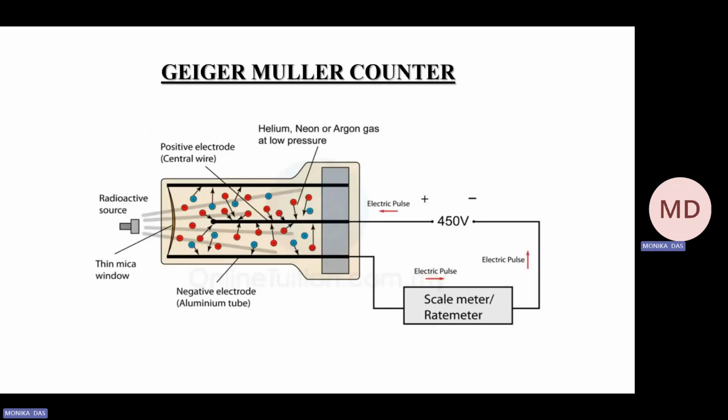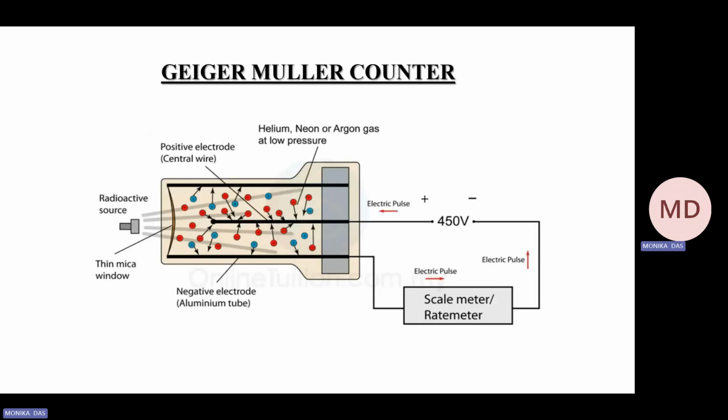displays the result. So this is the whole setup of the Geiger-Müller counter apparatus, where the source of the isotope is immersed in this chamber and all the particles, that is positive and negative particles, get scattered in this area.